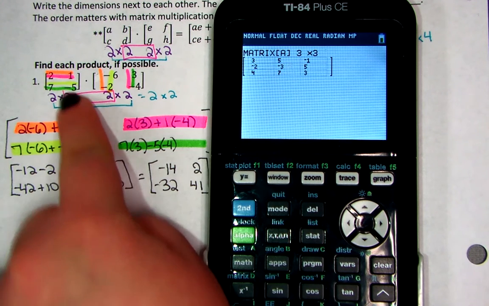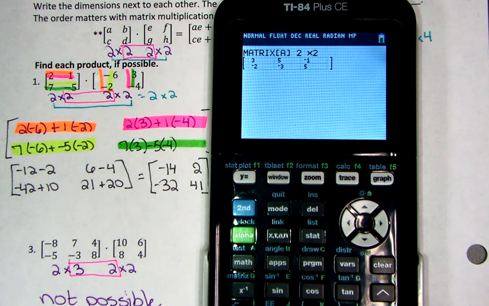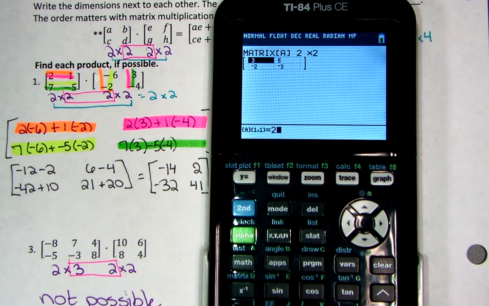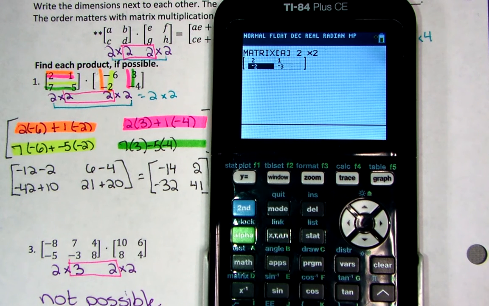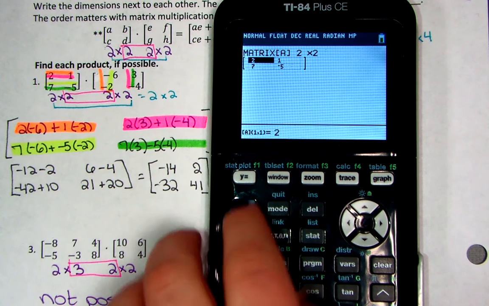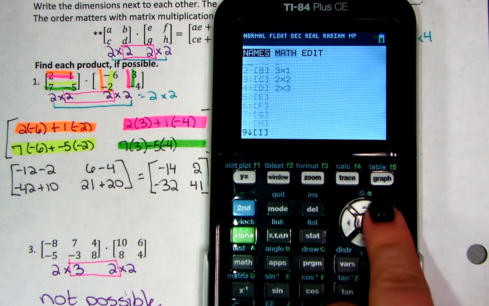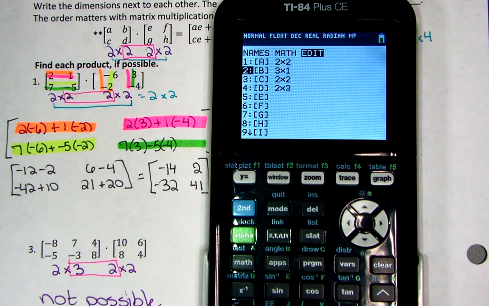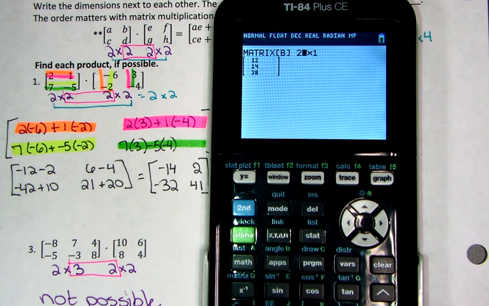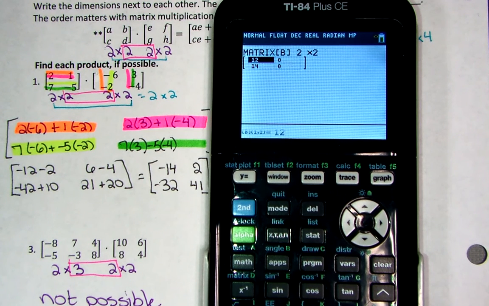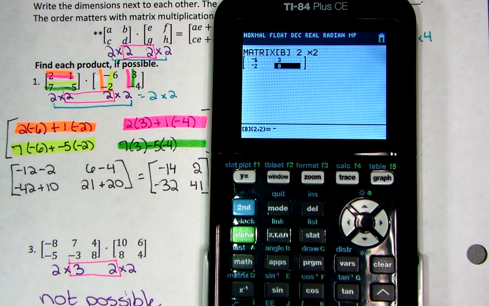And we are entering in our first matrix, which is a 2 by 2 matrix. 2, 1, 7, negative 5. Second matrix, go over to edit, and we'll enter in matrix B, which is also a 2 by 2 matrix. Negative 6, 3, negative 2, negative 4.